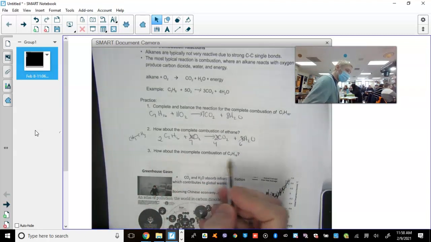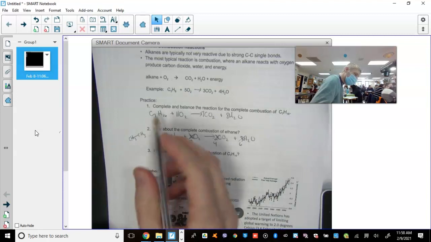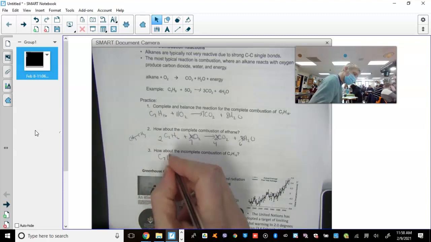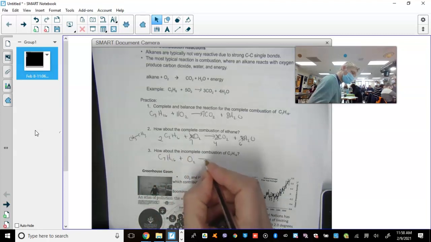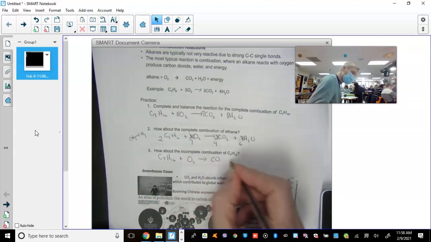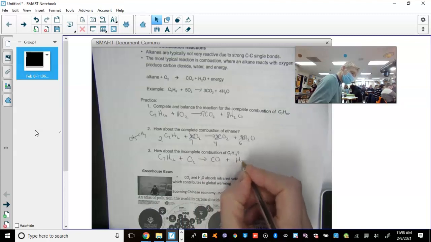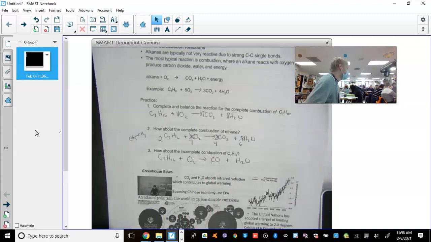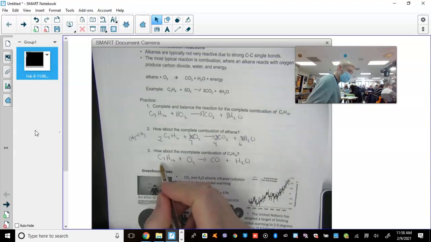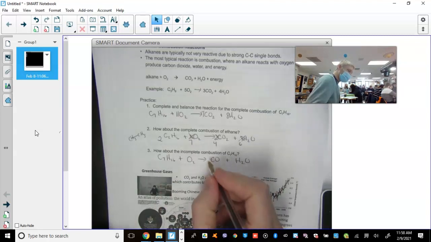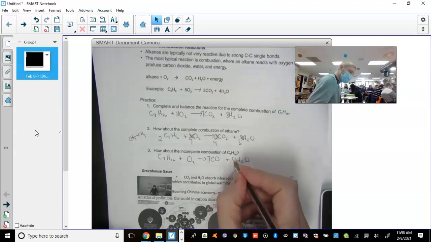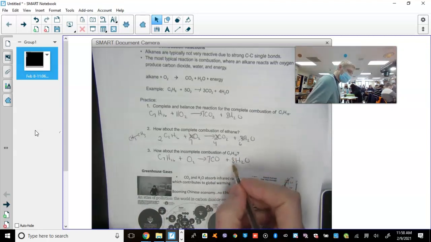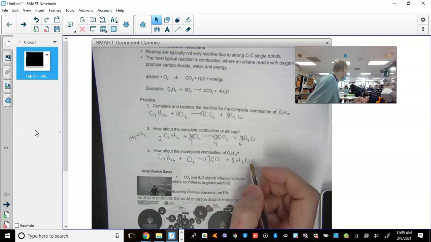How about incomplete combustion of C7H16? That's like the first one, kind of. So a reactant is going to be O2. A product is going to be CO, carbon monoxide, plus H2O. 7 carbons, need a 7. 8 times 2 is 16, so we need a 14 for the CO. So 7 plus 8, 15.